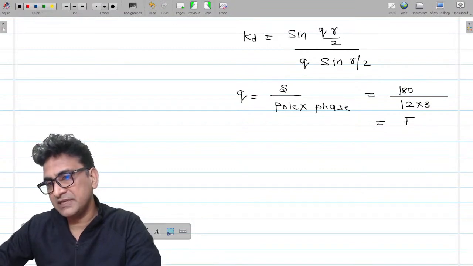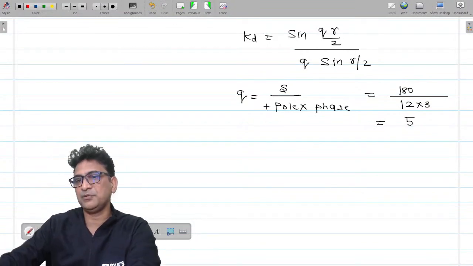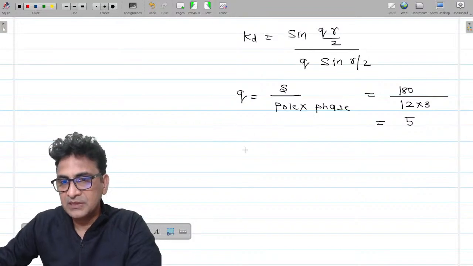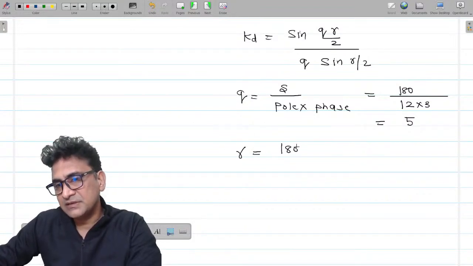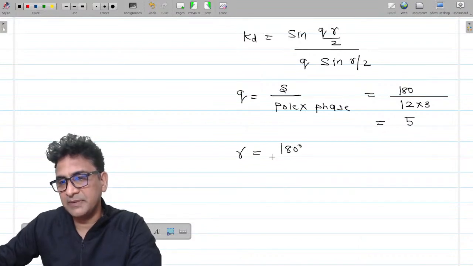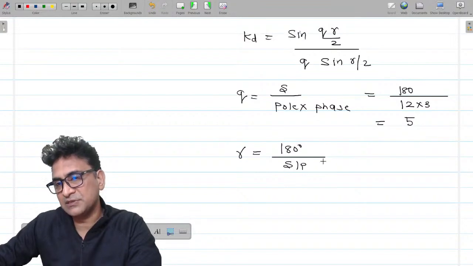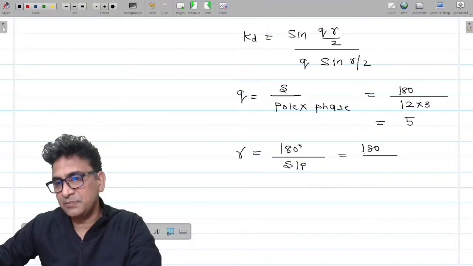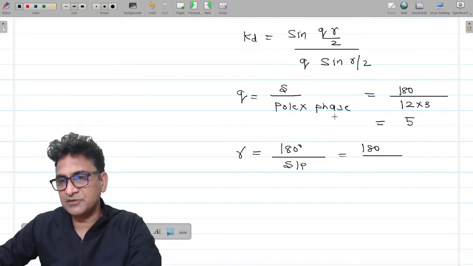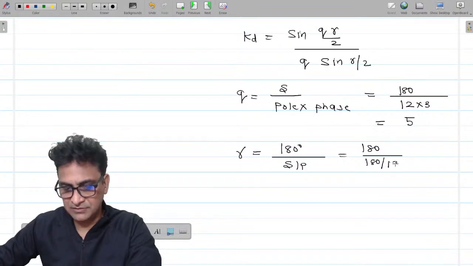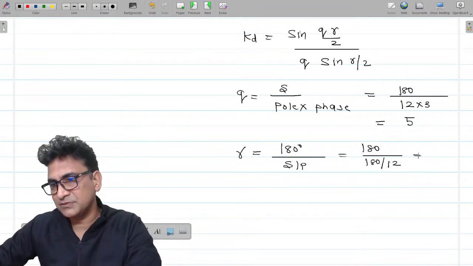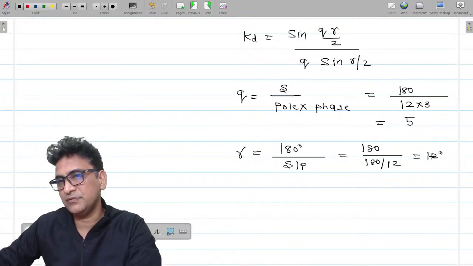Phase spread means there are 5 slots which belong to the same pole and the same phase. Now the slot angle gamma is 180 degree divided by slot per pole. This is the formula to find the slot angle. We know the total number of slots was 180 and total poles was 12, so the slot angle is equal to 12 degree.